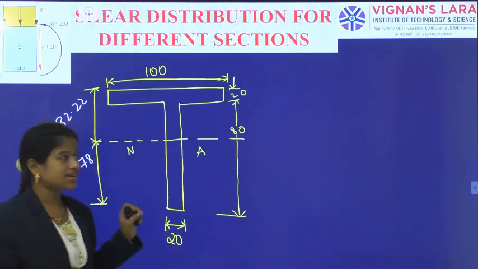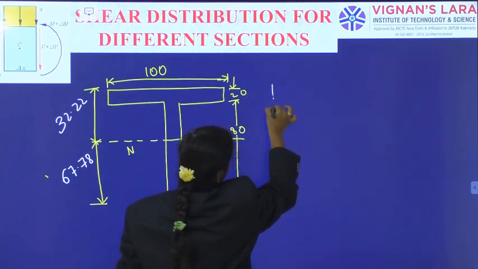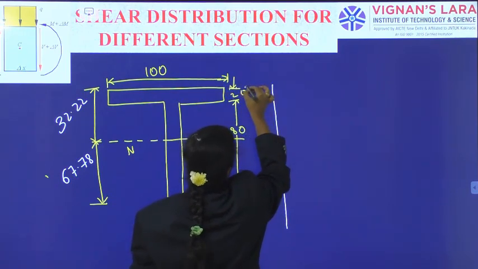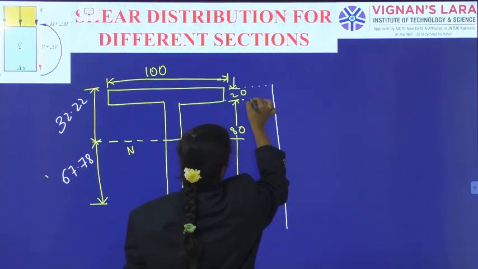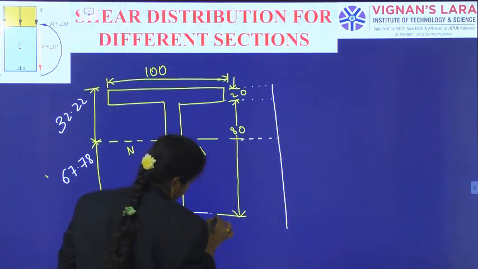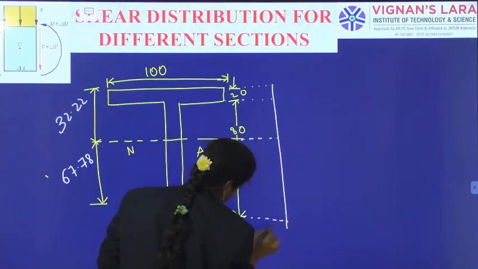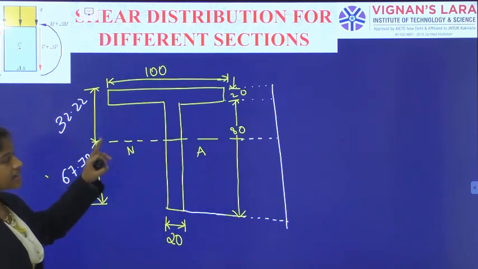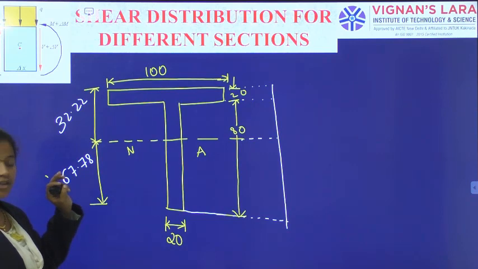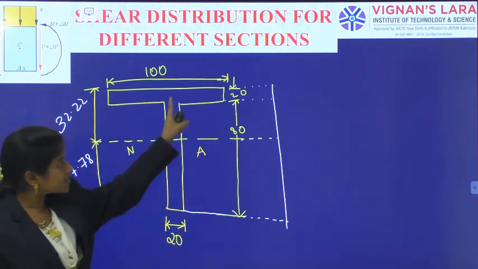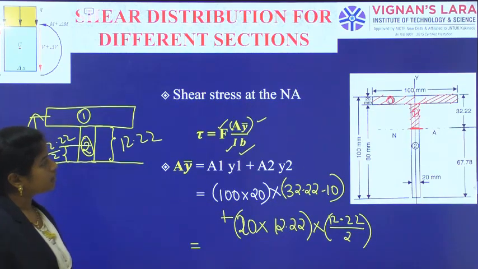This is the representation. Now, along the depth, you have to indicate the points with projection lines. So this is our representation. And what I have to do for the shear stress distribution on the right side is indicate how much the value is. Firstly, from the flange.